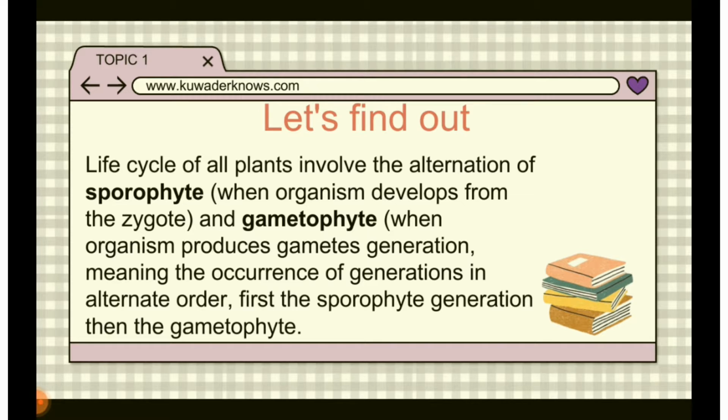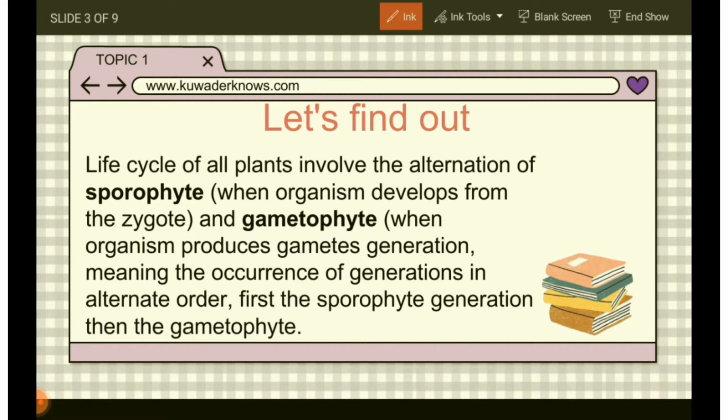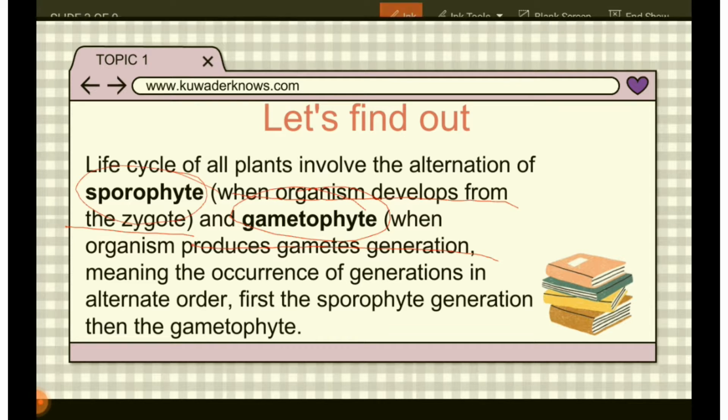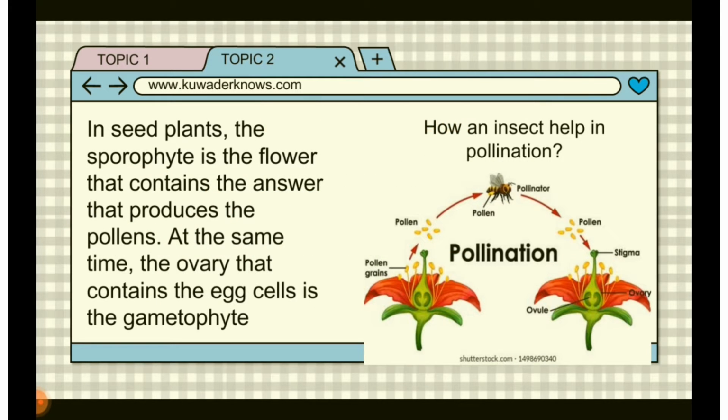This means generations occur in alternate order: first the sporophyte generation, then the gametophyte. When we say sporophyte, the organism develops from the zygote. When we say gametophyte, it produces gametes. Next, in seed plants, the sporophyte is the flower that contains the anther.